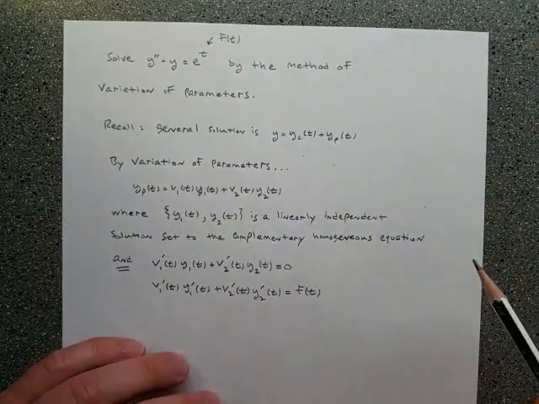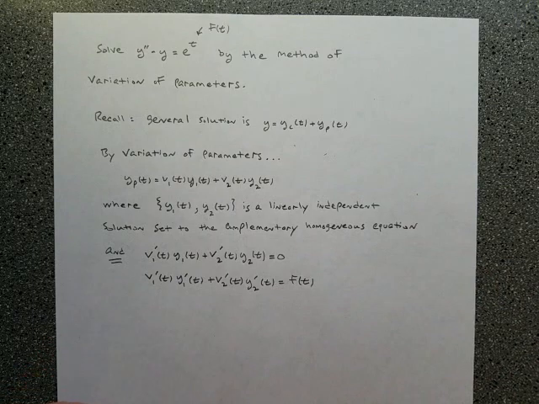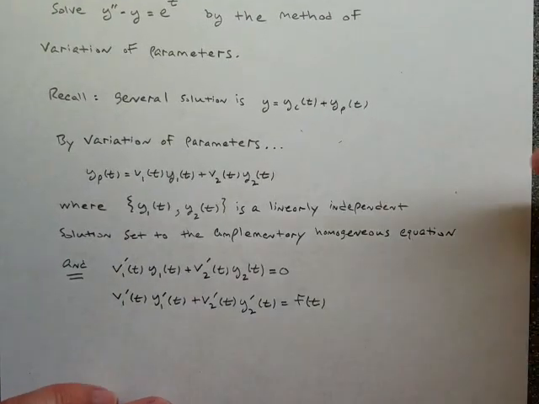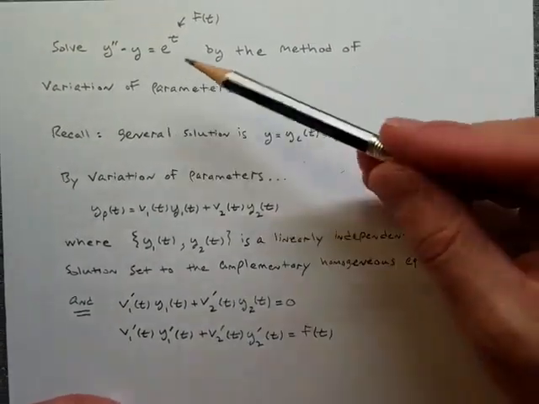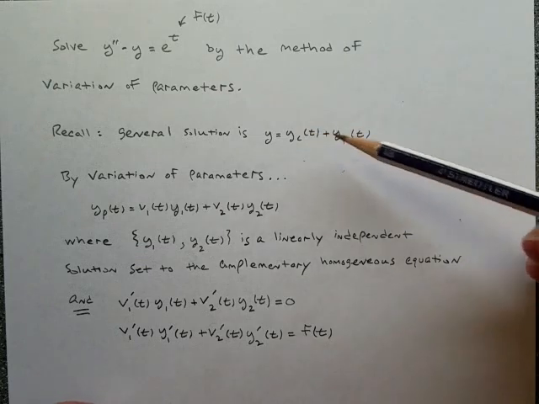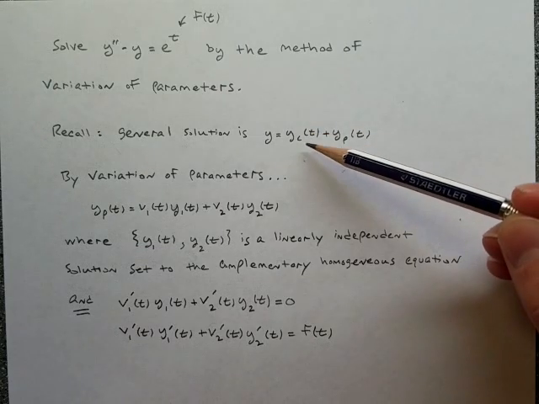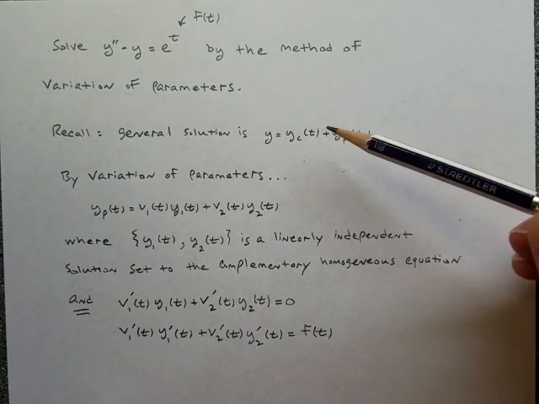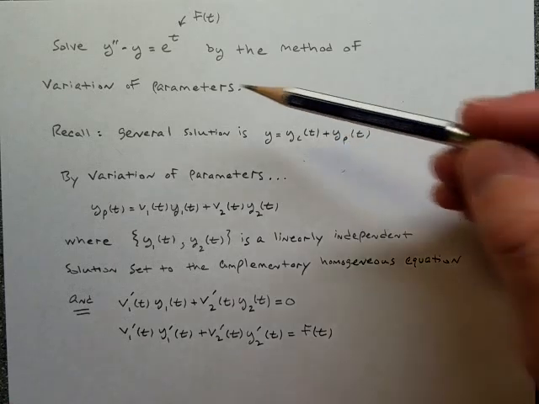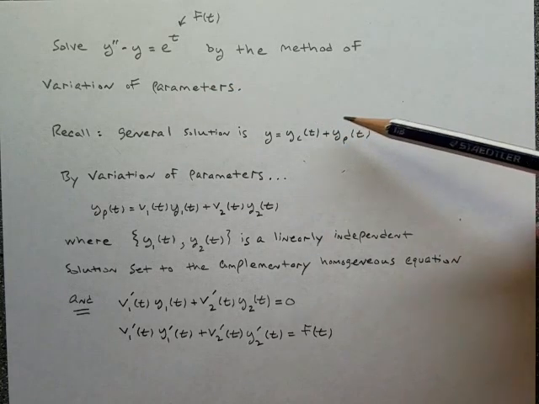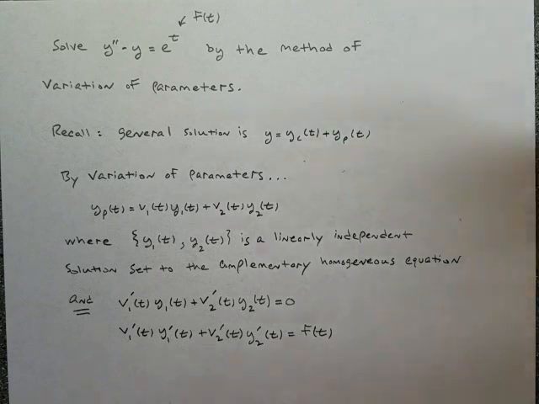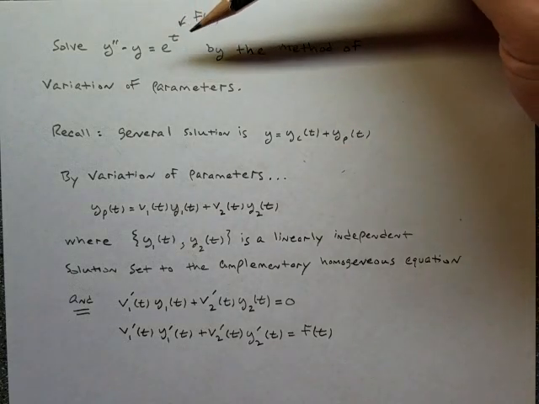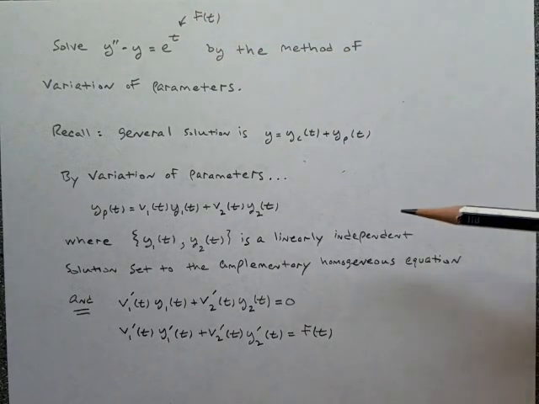Okay, so here's the general method. That kind of problem has this solution. There's the general. You know what y sub c is. That's the solution to the complementary homogeneous equation. And yp is any particular solution to the equation the way it's given.